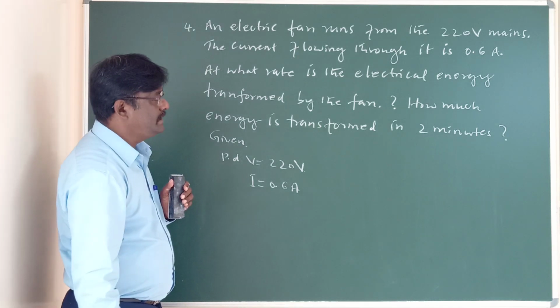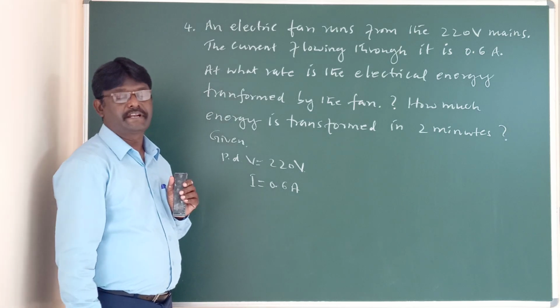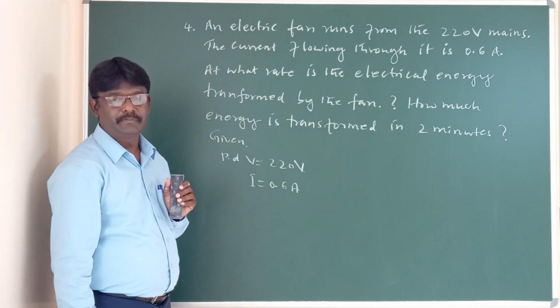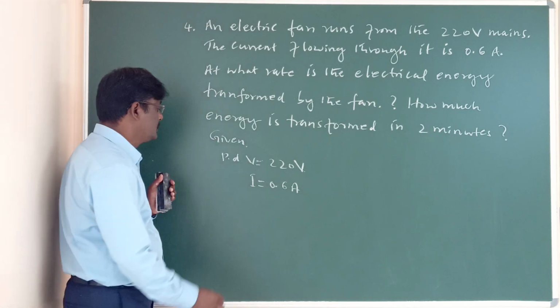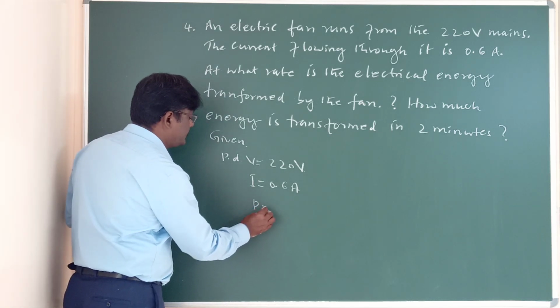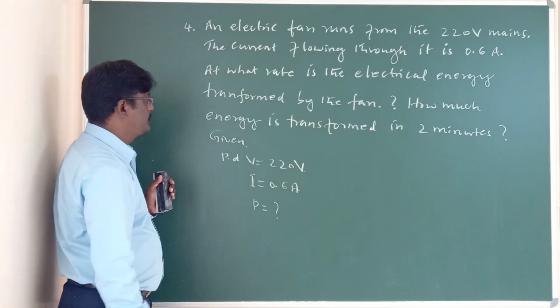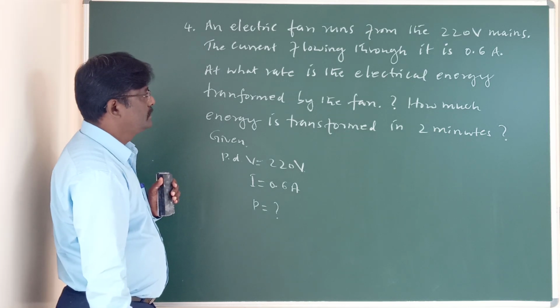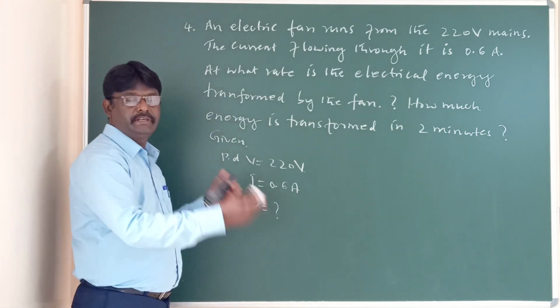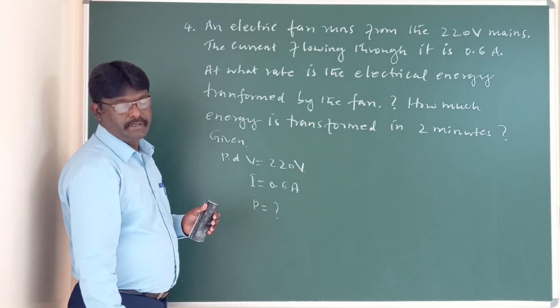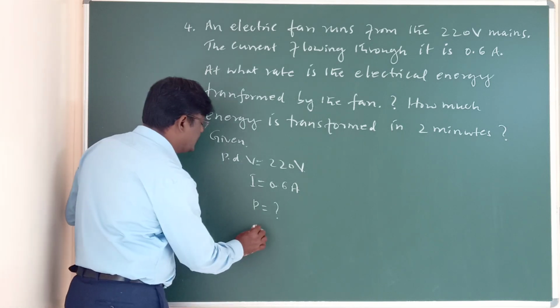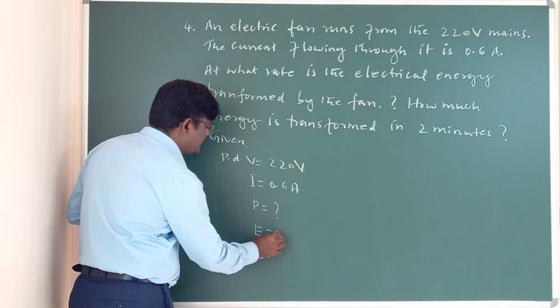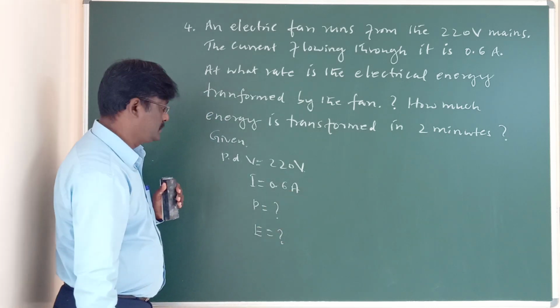When the term rate comes, what? It is power. That we have to calculate. Also, how much energy is transformed in 2 minutes? The energy transformed in 2 minutes means E. So these are the two things.